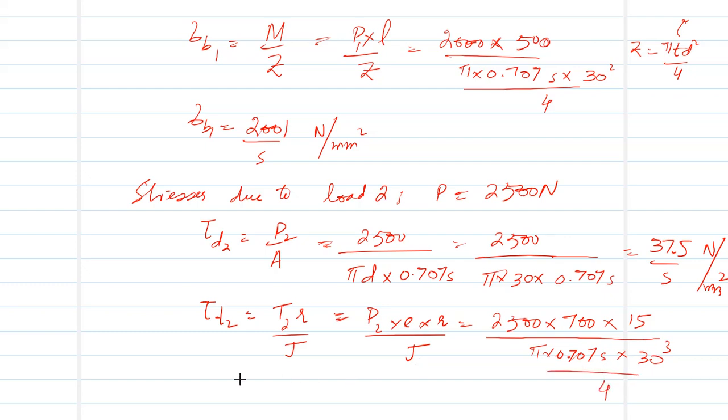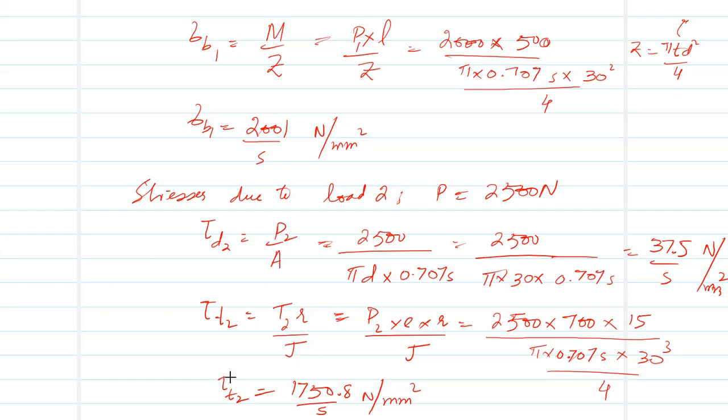So tau T2 is 2500 into 700 into 15 divided by pi into 0.707 into 30 power 3 multiplied by 4. So it's 1750.8 divided by S Newton per millimeter square. So we find another value, which is tau T2.